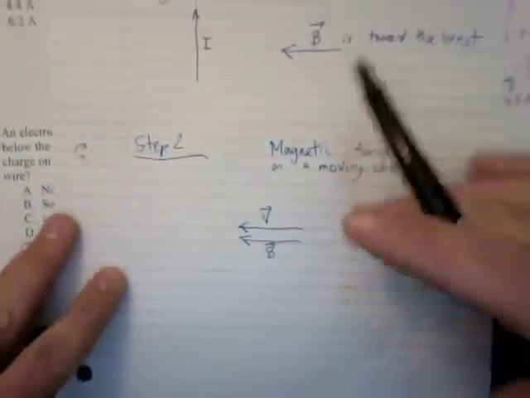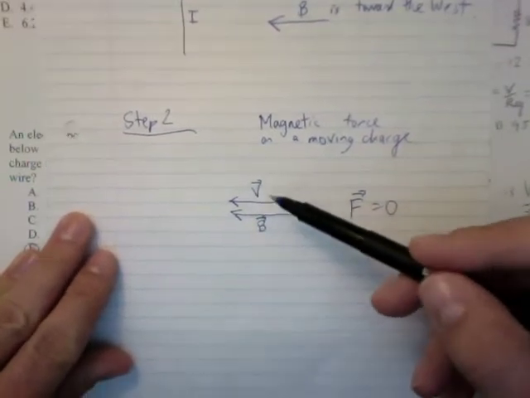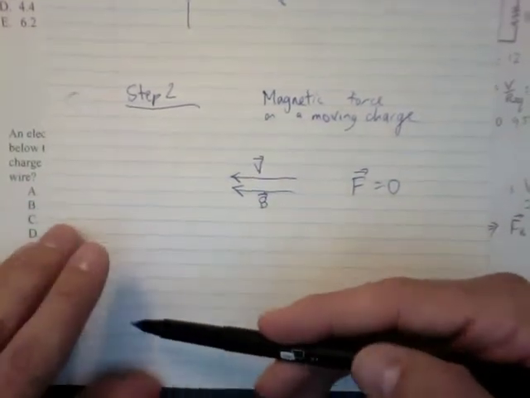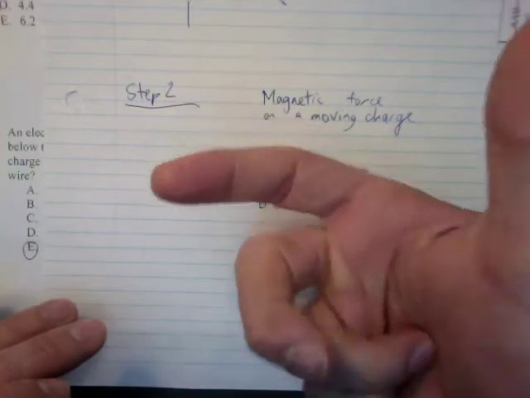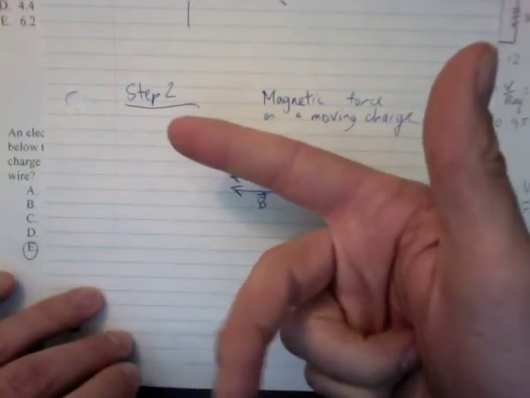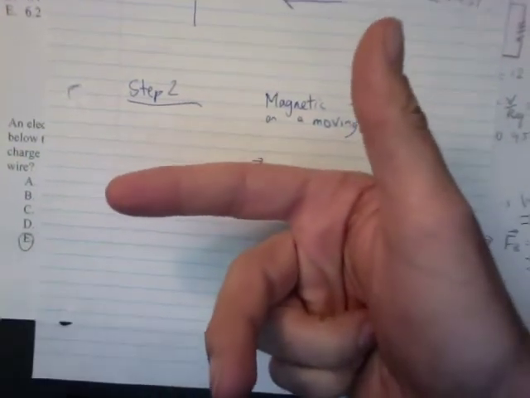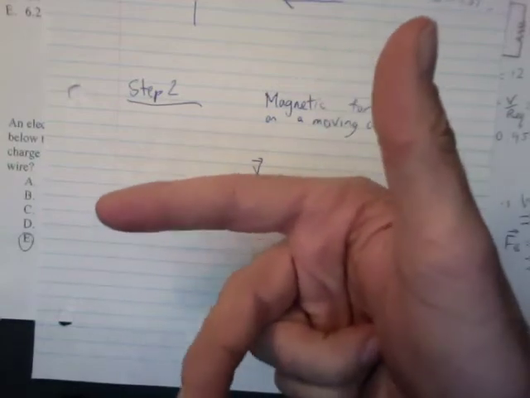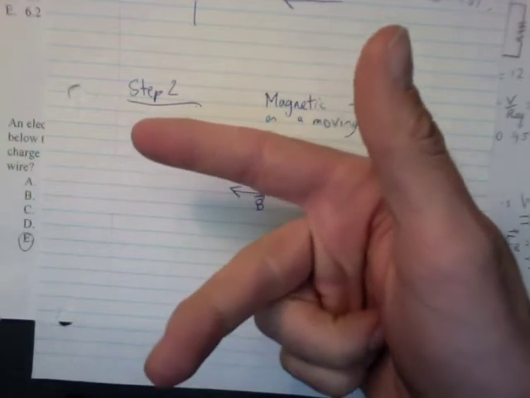Step 2 is now that we know the B field is towards the west and we have a velocity towards the west, we would normally use the right-hand rule for forces, where the magnetic field is in the direction of your index finger, the velocity is in the direction of your thumb, and the force is in the direction of your middle finger.